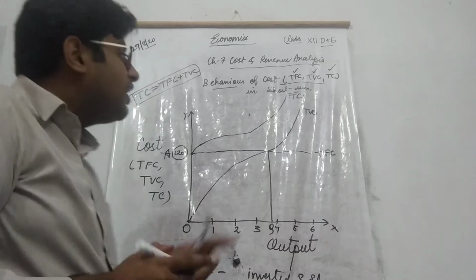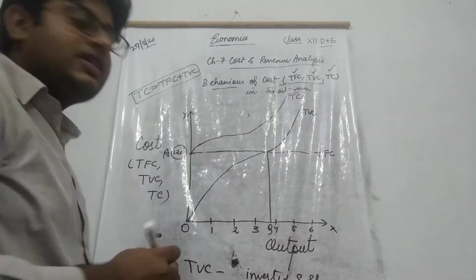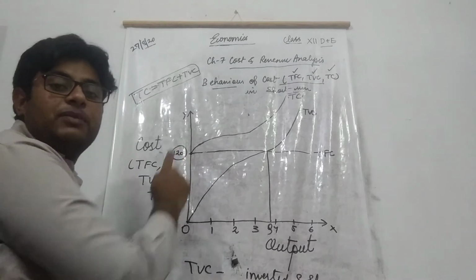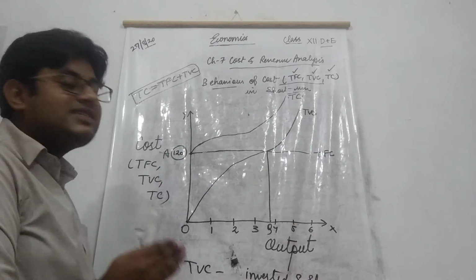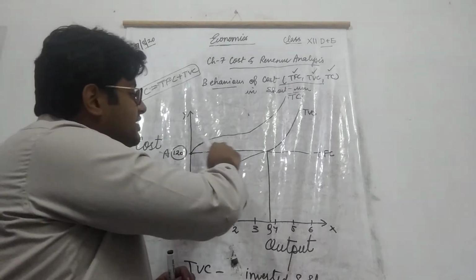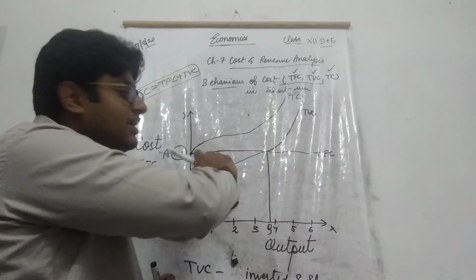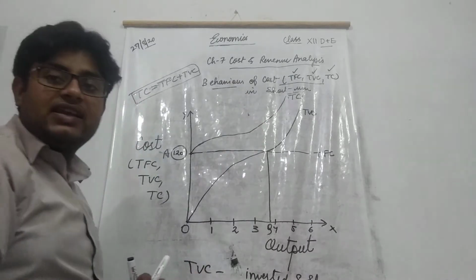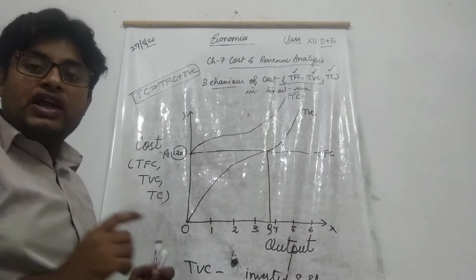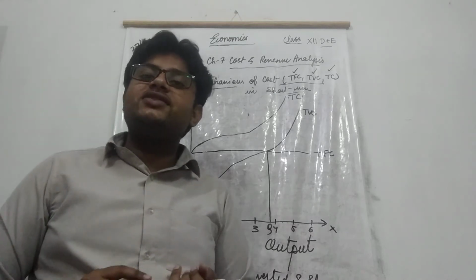So this is the behavior of total cost. At the 0 level of output, it is equal to TFC. Why? Because TVC is 0 at 0 level of output. And it increases at a decreasing rate first and it starts increasing at an increasing rate thereafter at the higher levels of output. So what questions have we discussed since yesterday?